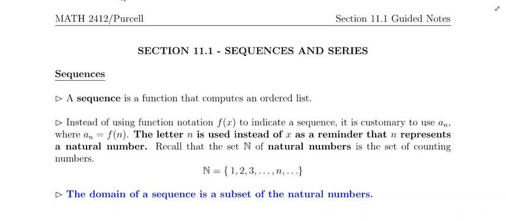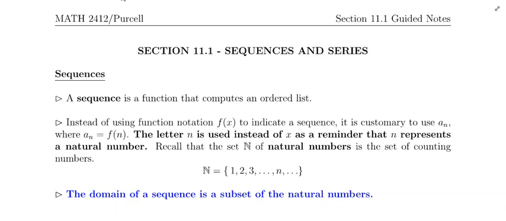Sequences and series show up near the end of Calculus 1, and then they are more prevalent in Calculus 2.